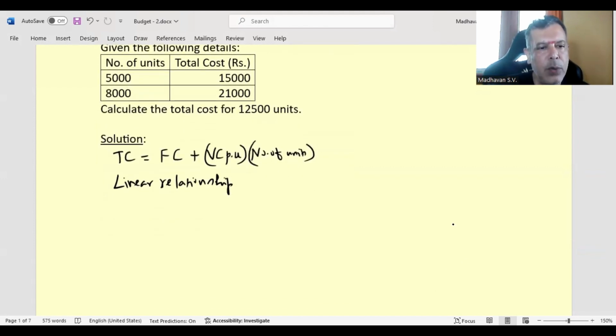So we can find out the slope of this. Slope is nothing but the variable cost per unit. Variable cost per unit is nothing but change in the total cost divided by change in the number of units.